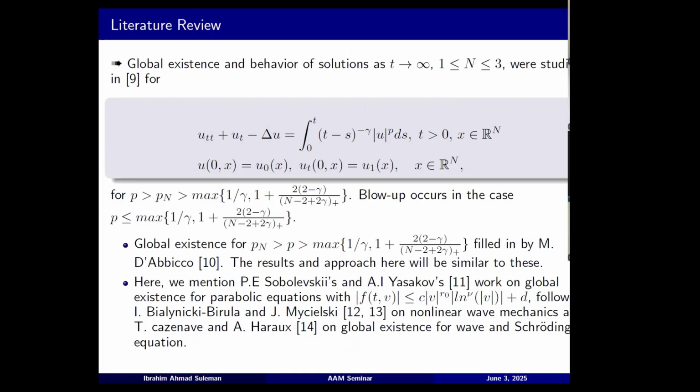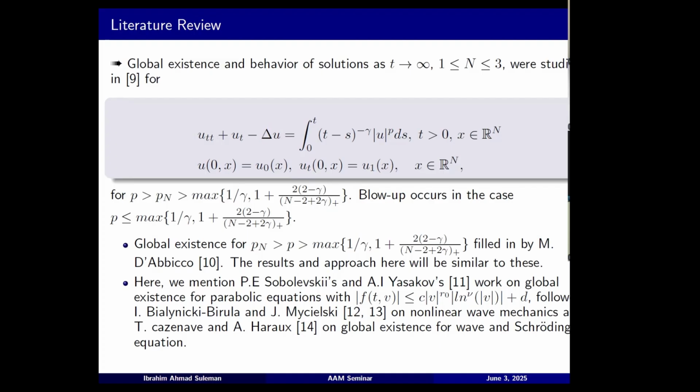The next problem of interest here is also the work of Fino on damped wave equation, with also a non-local in time nonlinearity. Here U0 and U1 are taken to be the initial data, but the global existence result obtained for dimensions between 1 and 3 is not in the entire supercritical range, meaning that if you look at the exponent of the nonlinear term, you have global existence, but for P greater than some Pn.